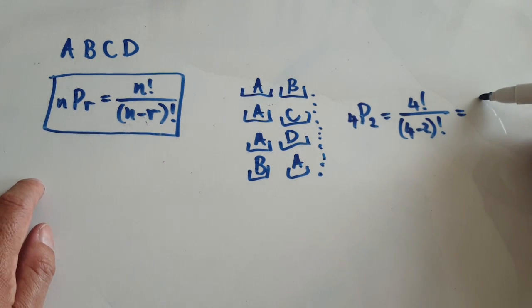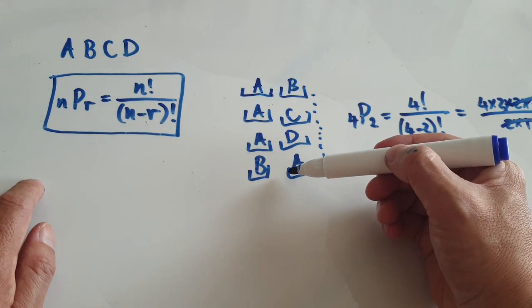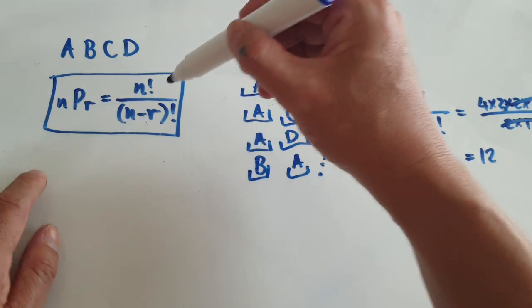So that turns out to be 4 times 3 times 2 times 1 over 2 factorial, 2 times 1. These two cancel out, giving you 4 times 3. It turns out that there will be 12 arrangements, but we need to understand where this formula comes from.